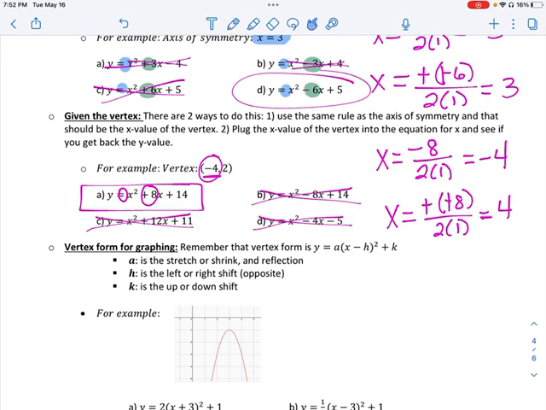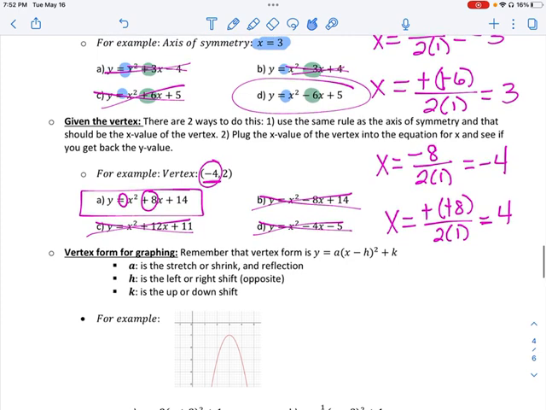Okay, now on the second method, if you just plug negative 4 in, negative 4 squared is a positive 16. And then 8 times negative 4 is a negative 32. So if I take a positive 16 added to that negative 32, that gets me a negative 16. And that is a typo, I apologize.